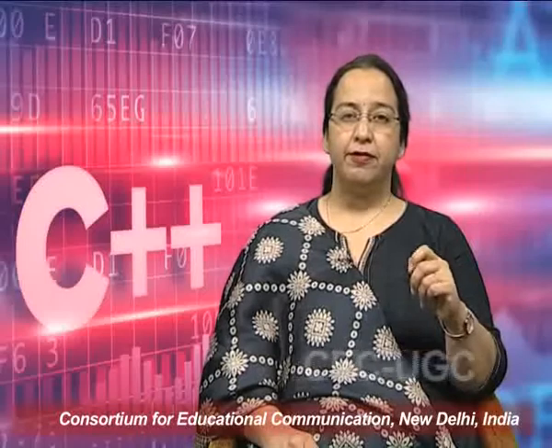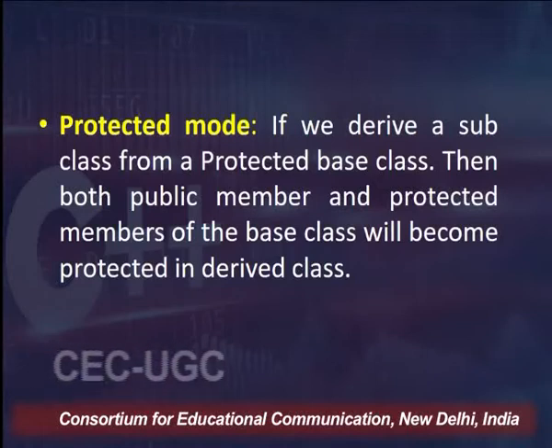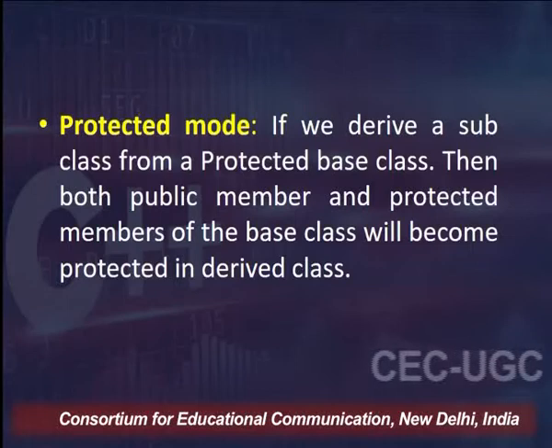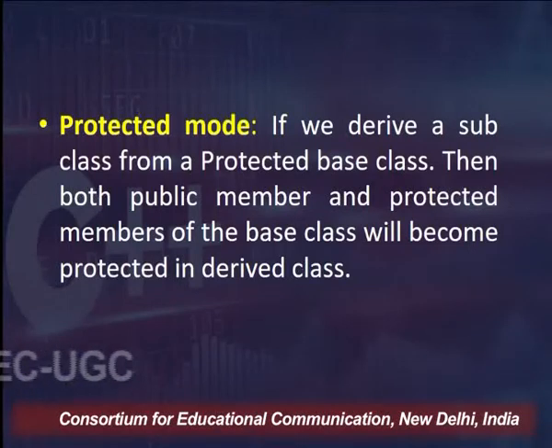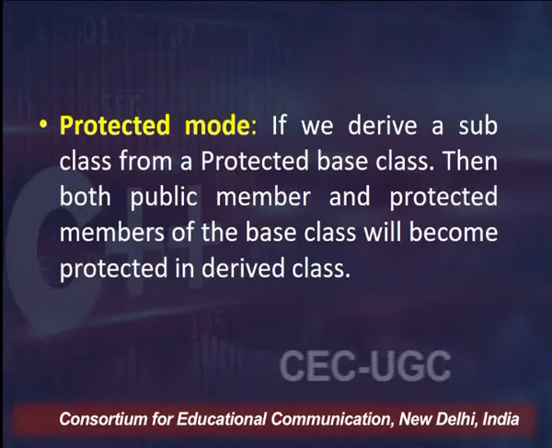If we derive a subclass from a particular base class in protected mode, then both the public members and the protected members of the base class will become protected in the derived class.